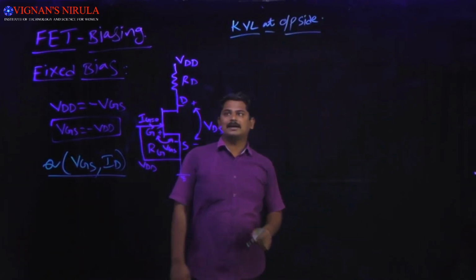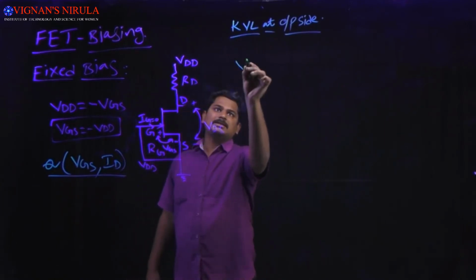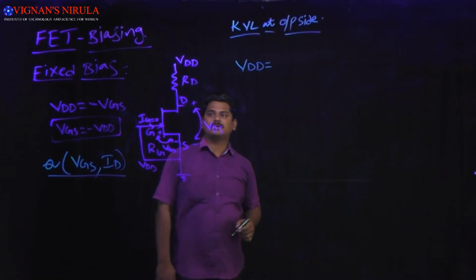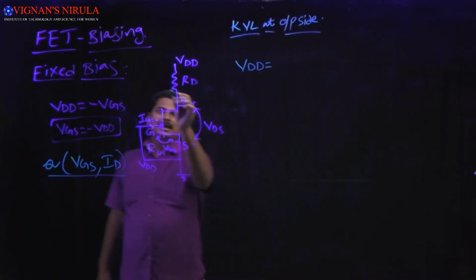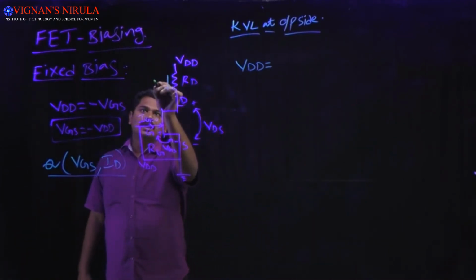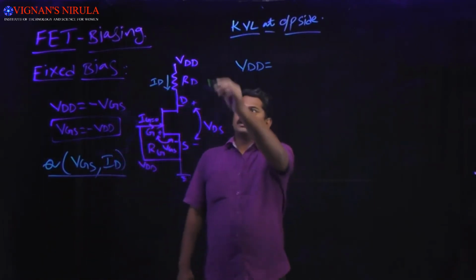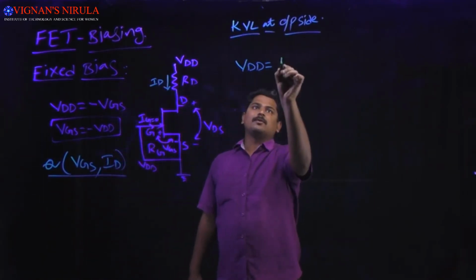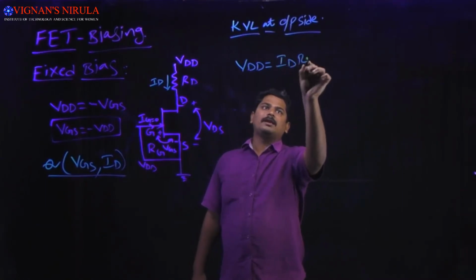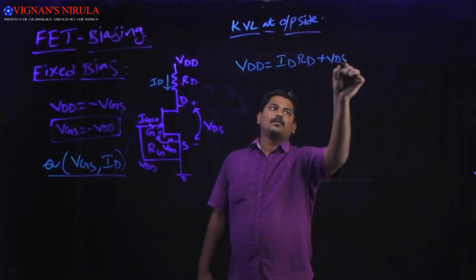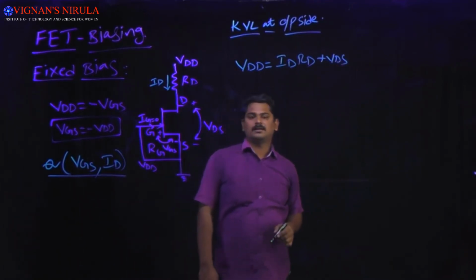So we can write that the applied bias voltage VDD is equal to ID into RD plus VDS.